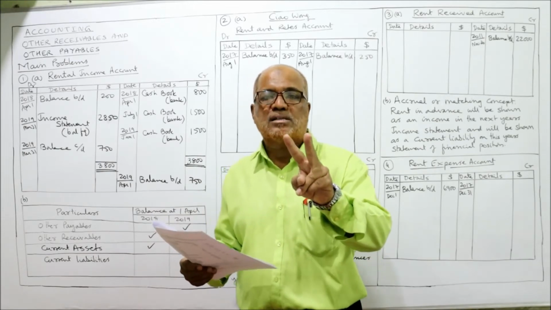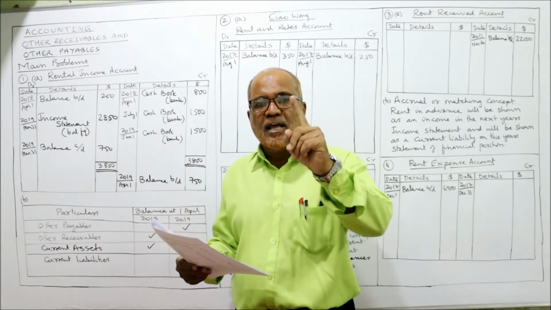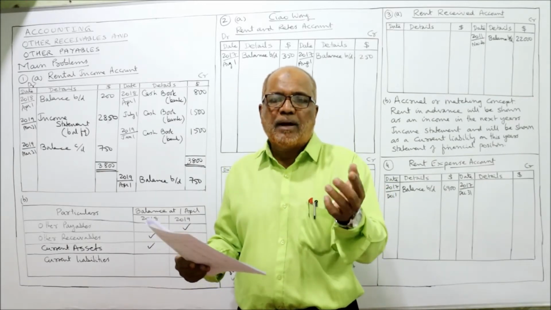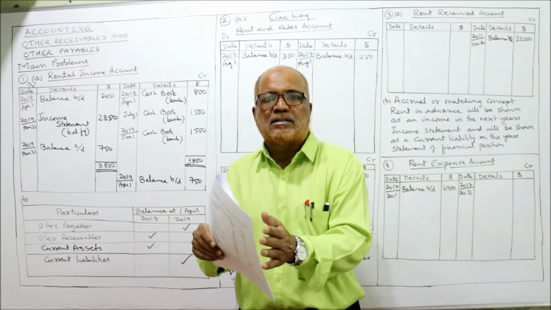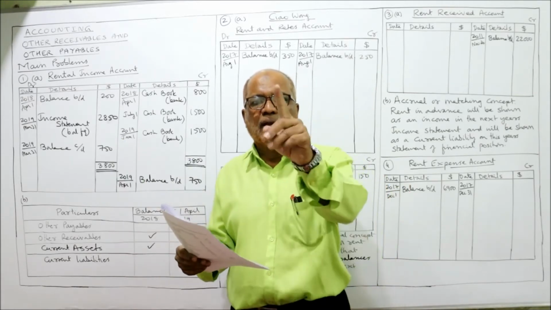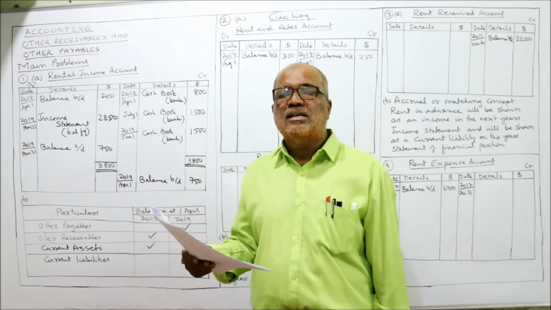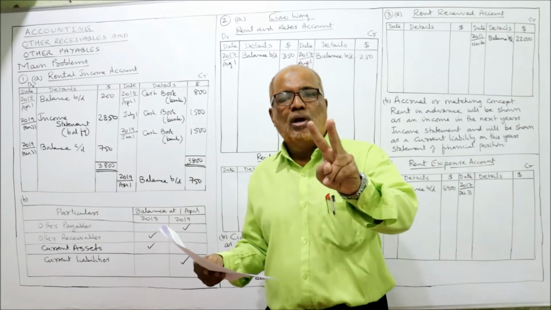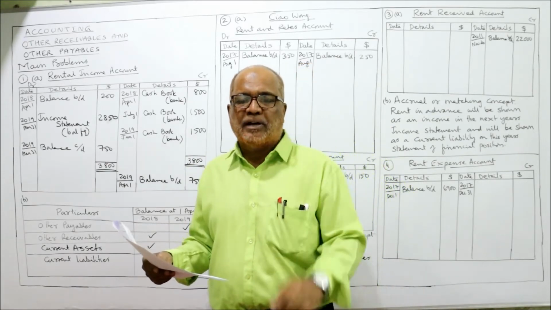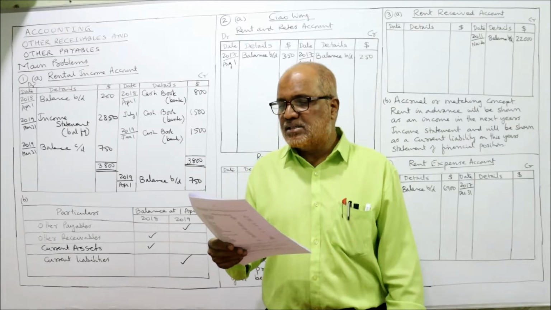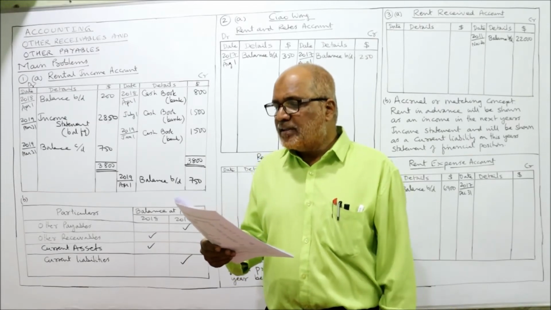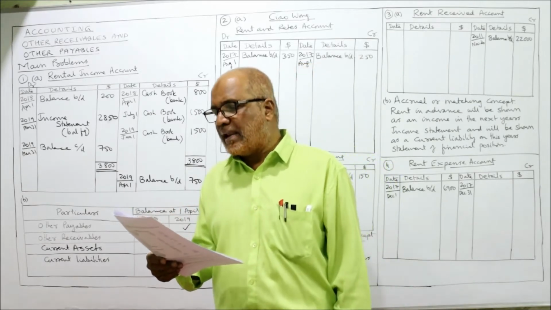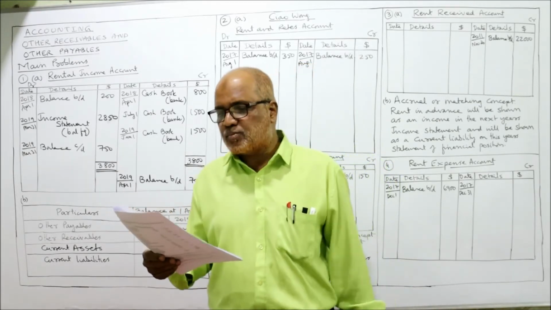Rates and rent paid are both expenses, so we club them into one account, and rent received is an income, so we make a separate account for it. Show any transfers to the financial statement. Balance the account on 31st July 2018 and bring down the balance on 1st August 2018.